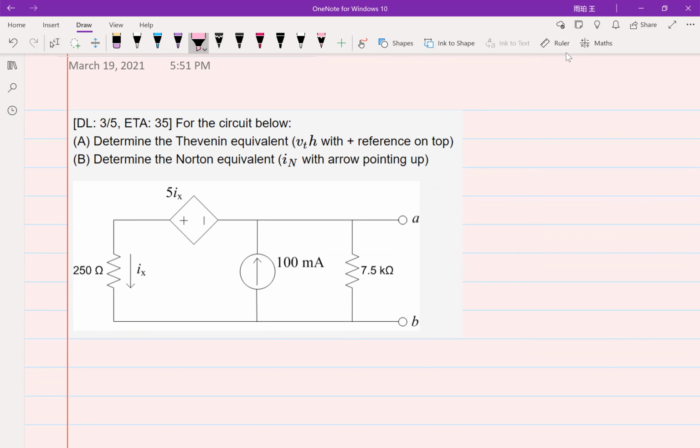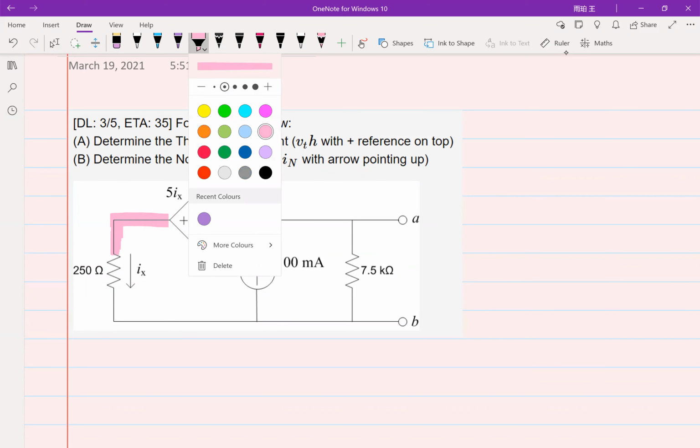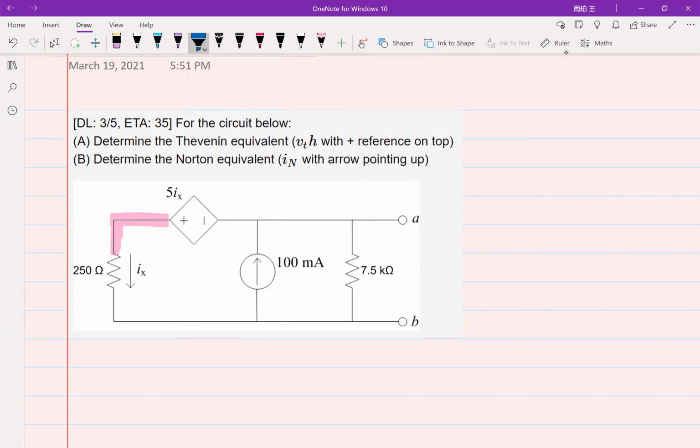So first, let's analyze how many nodes are in the circuit. From the first glance, I can see 3 nodes, but for the sake of clarity, just color them first. I say it's for the sake of clarity, but actually coloring these nodes is the most enjoyable part of nodal analysis for me.